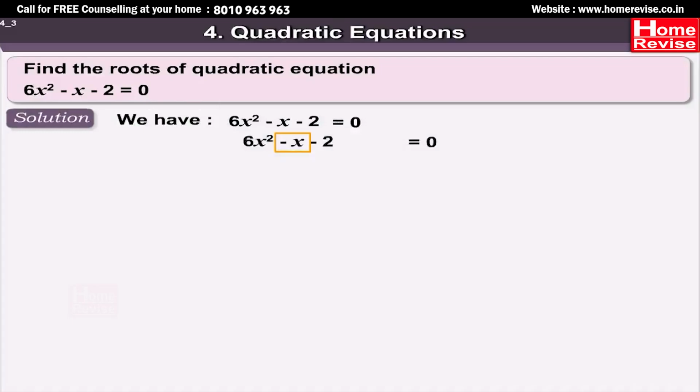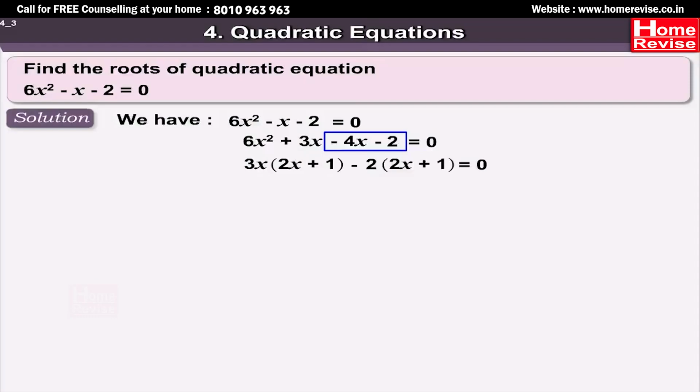We factorize the middle term and write 6x squared plus 3x minus 4x minus 2, that equals 3x as a common factor outside into bracket 2x plus 1 bracket closed minus 2 as a common factor outside into bracket 2x plus 1 bracket closed, that equals 2x plus 1 as a common into 3x minus 2.